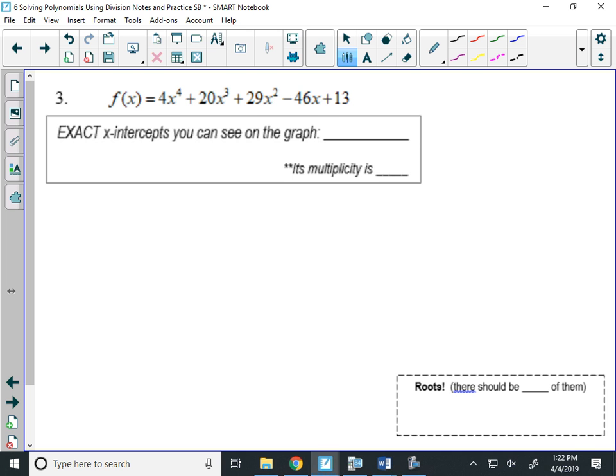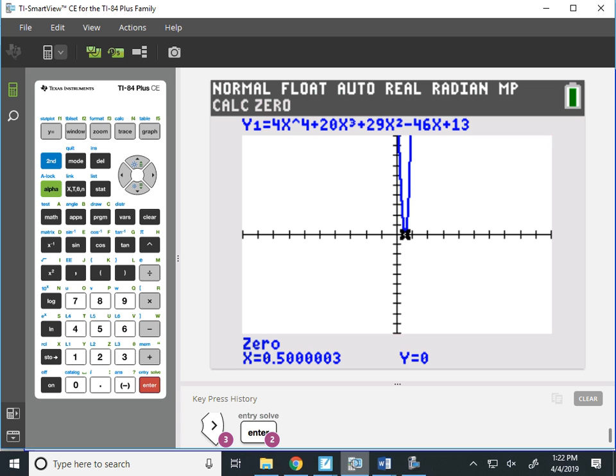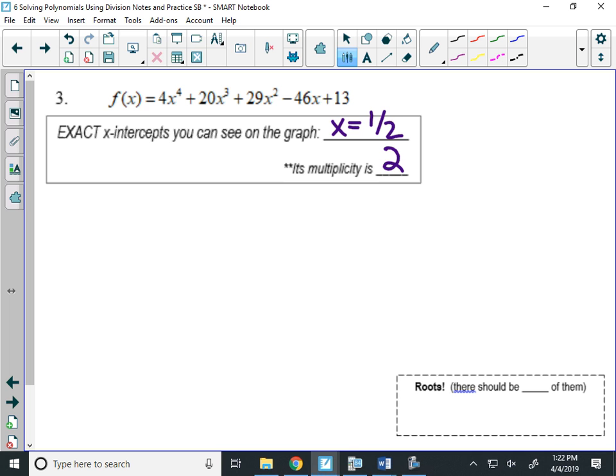So let's think about this. If I have a root at 1/2, and I appear to come down and bounce off the axis, what's the multiplicity of that root? 2. So when I do my synthetic division, I'm actually going to have to test and prove that 1/2 is a root twice. Right? Multiplicity of 2.